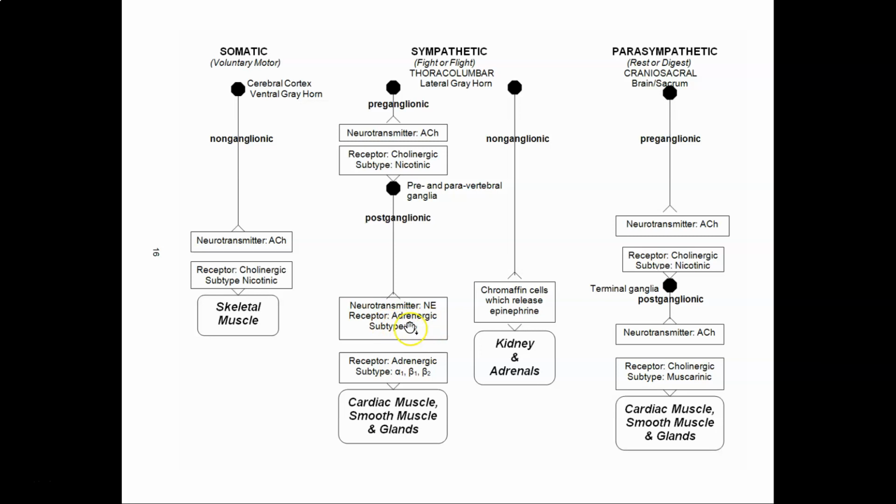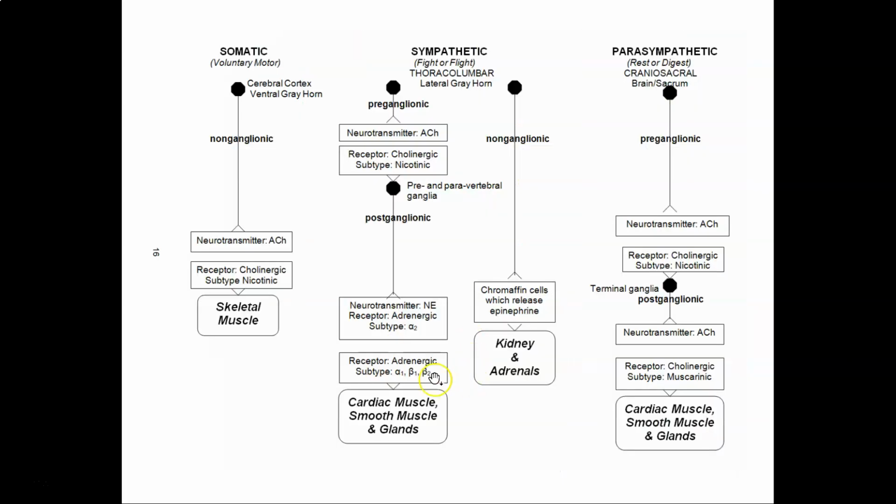So that's where the adrenergic name comes from. Now what's interesting is that we do have a receptor on the presynaptic membrane. Remember, this represents a synapse in this area right here.